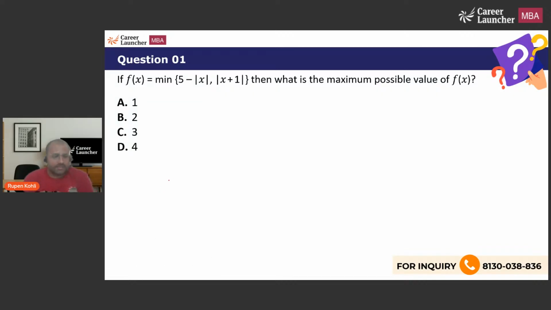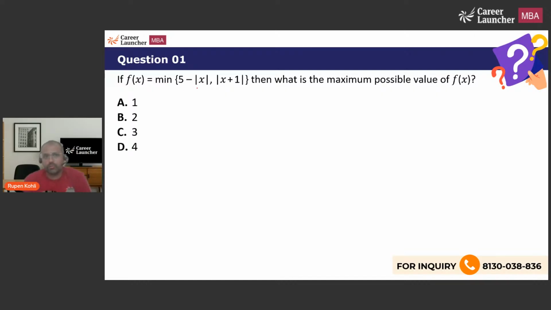All right, let me start to discuss this one. So here, this function is basically, what does this mean? f(x) is min of brackets 5 minus mod x and mod x plus 1. This kind of function, questions have been asked pertaining to such kind of function many times, in which f(x), a function, is a minimum amongst two expressions.